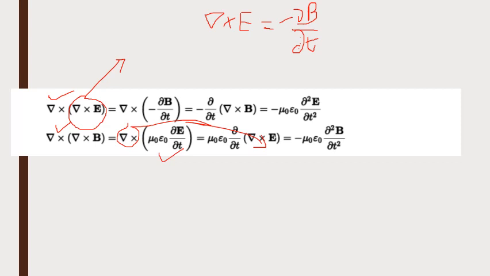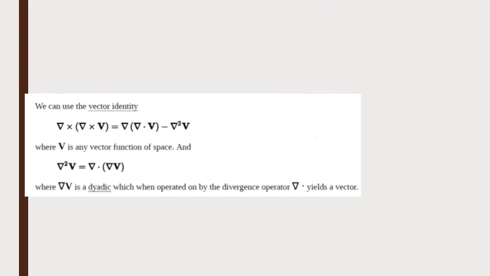Finally you can put del cross E is equal to minus del B over del T. You will get this answer. Now concentrate on these equations. These are giving you the values of waves. You may have a question how we did this. Yes, we used these identities.